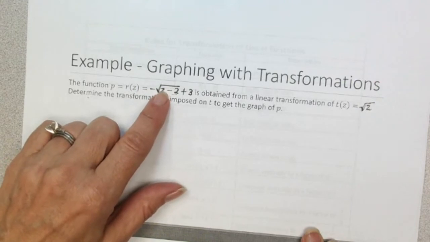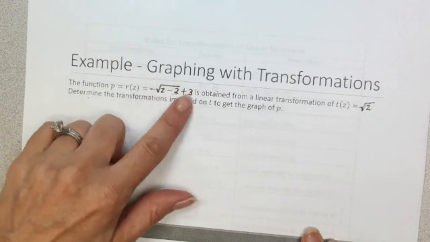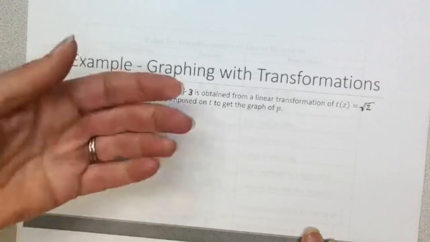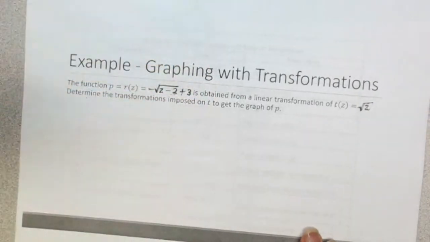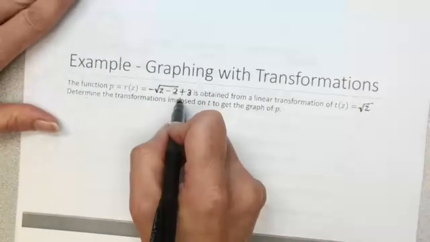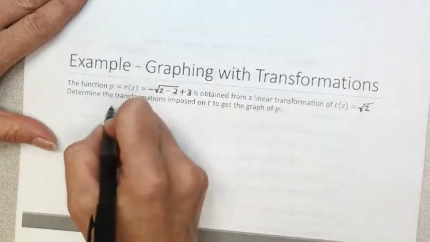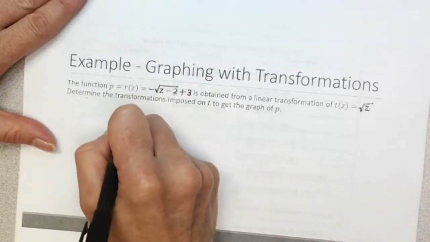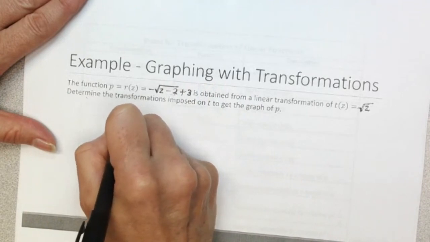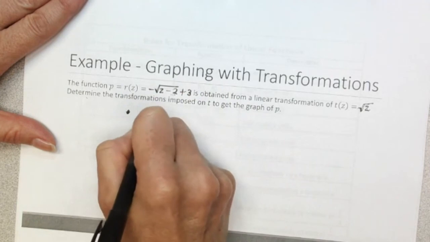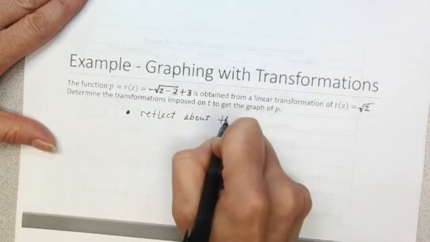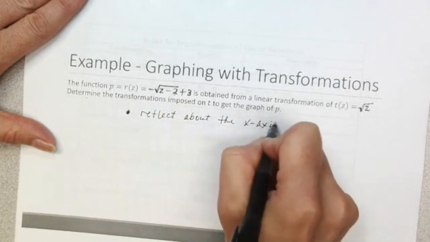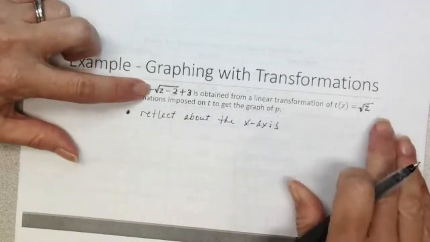It's outside, so it's happening to all the outputs. All my y's that were positive are becoming negative, and negative y's become positive, so this is going to be a reflection across the x-axis, or reflect about the x-axis. Okay, so that's what that negative means, right?